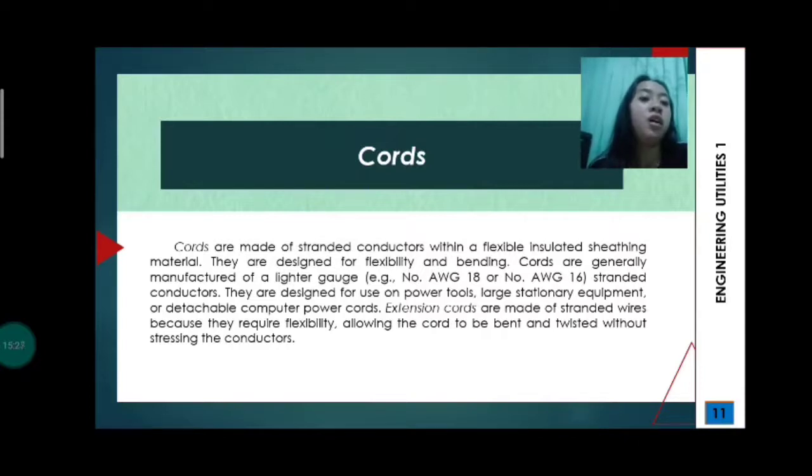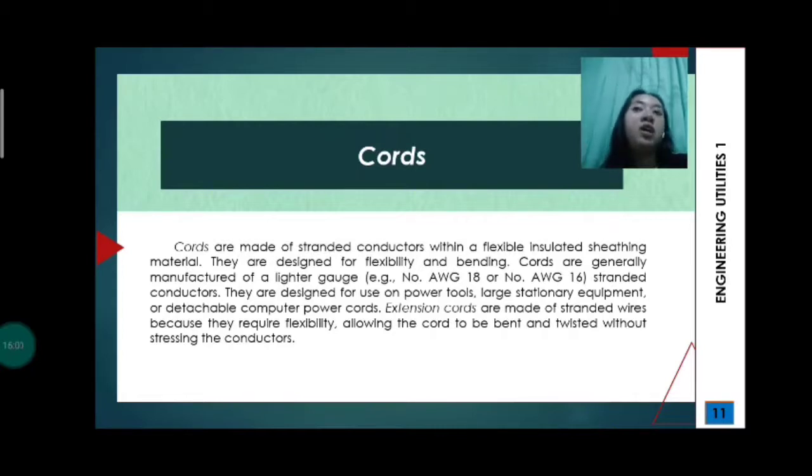An example of this is what we call the extension wire, but it is called as extension cords. These extension cords are created by stranded wires because it needs to be more flexible, allowing the cord to bend or twist without destroying the conductor inside the said cord.